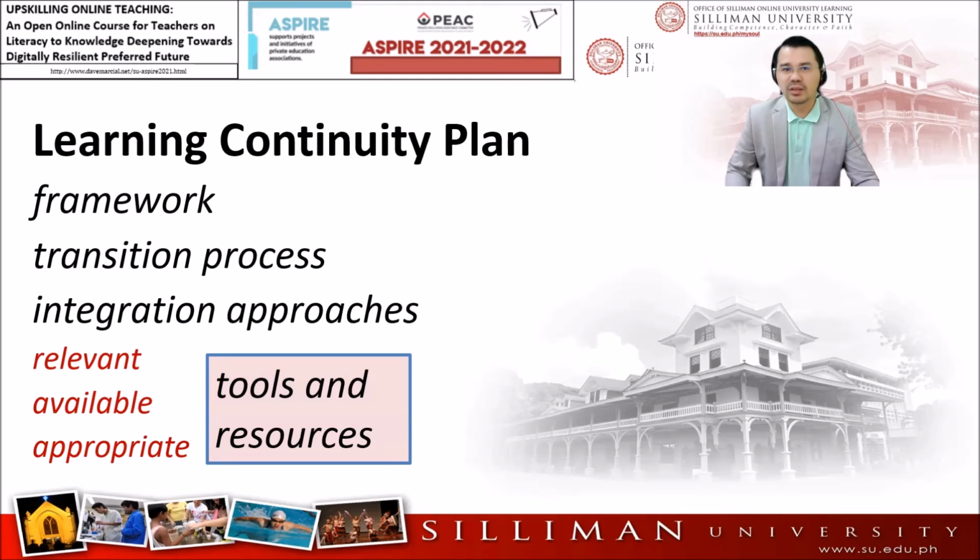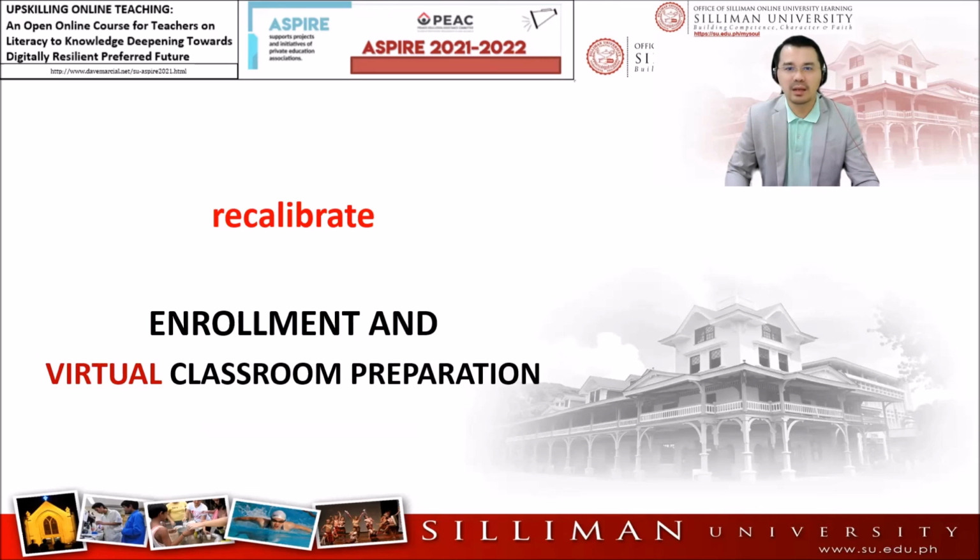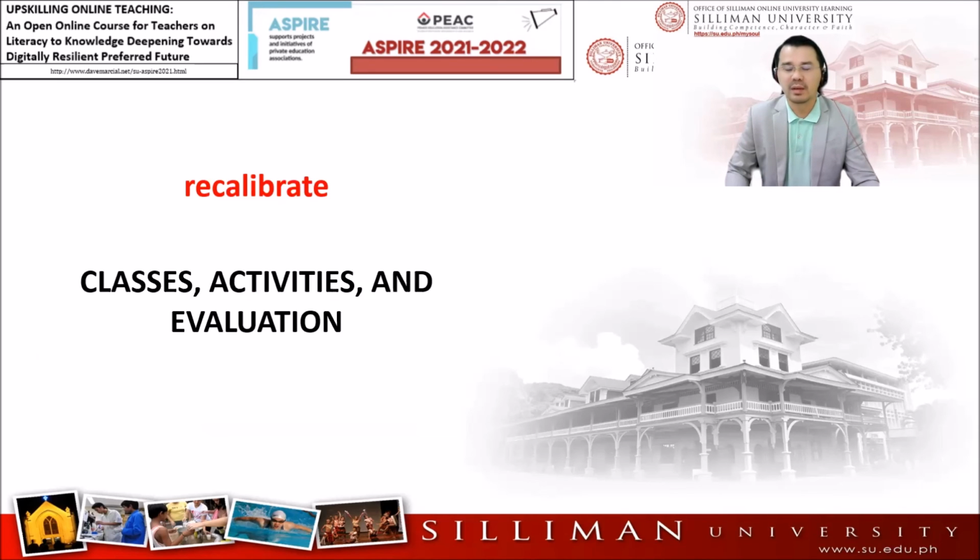Recalibration does not just end on approaches, models, and activities in the classroom. It has to be systemic. There is a need for us to recalibrate the registration and enrollment process. There is a need to recalibrate and evaluate the nature of our activities, class time, and even evaluation.